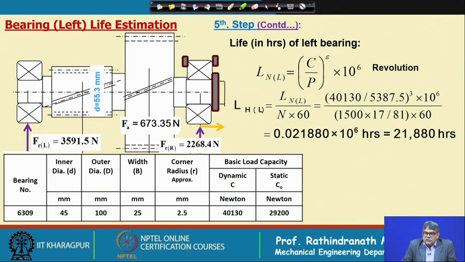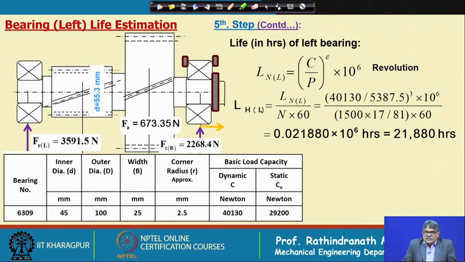So, life in revolution is first of all C by P, 40,130 divided by 5387.5, to the power, for ball bearing this value is 3. So, to the power 3 into 10^6 divided by the RPM, 1500 RPM, 1500 is the input RPM.